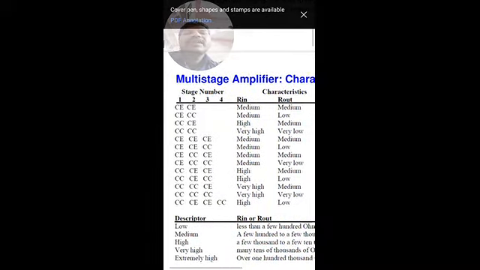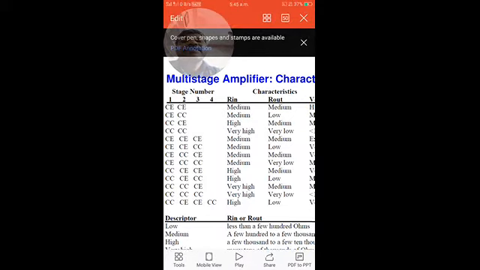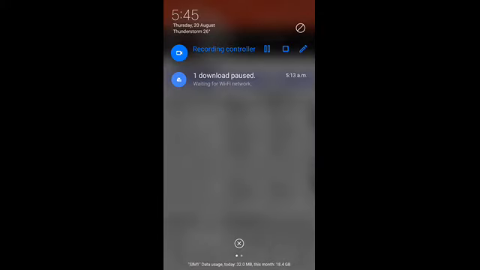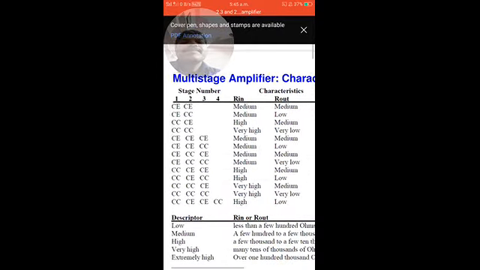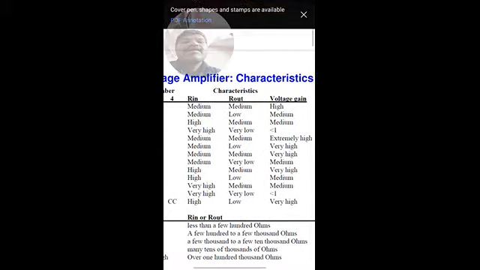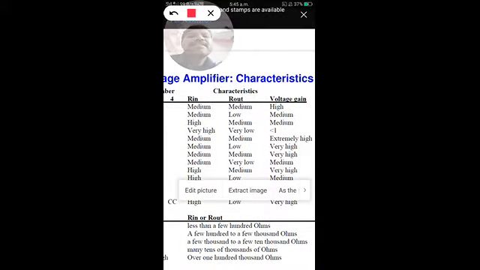Coming to the voltage gain, in CE we have a high voltage gain. CE is the first stage and CC is the second stage.